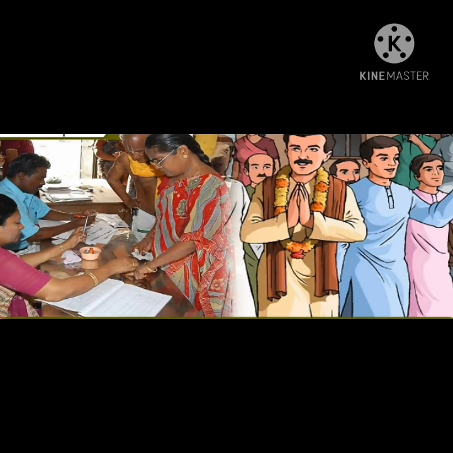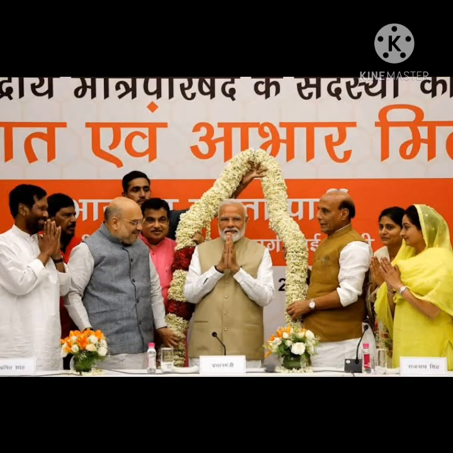Political parties are also a kind of social organization, but there is a difference between political parties and other institutions and organizations in society. The difference is in the goals and style of working.